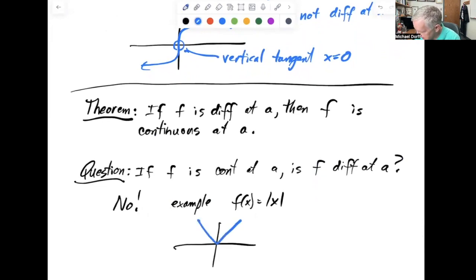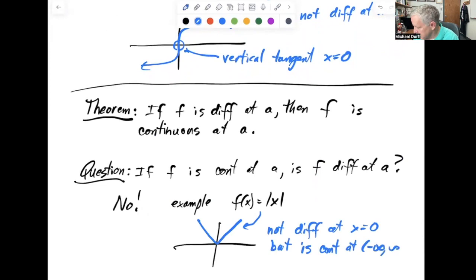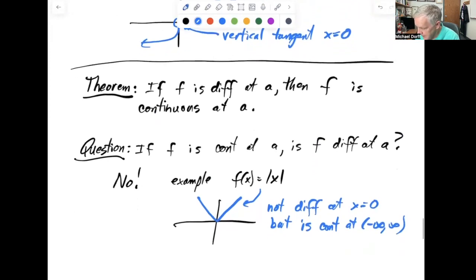The graph of that looks like that. And that's not differentiable at x equals 0, but is continuous for negative infinity to infinity. All right.